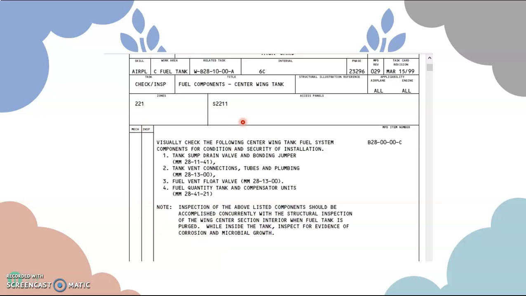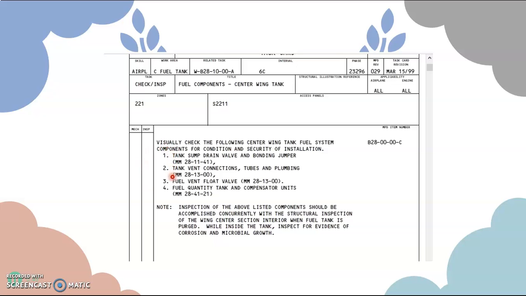Okay, this slide is about the components in the center wing tank. Let's read the information. Visually check the following center wing tank fuel system components for condition and security of installation. So we have 1, 2, 3, and 4.